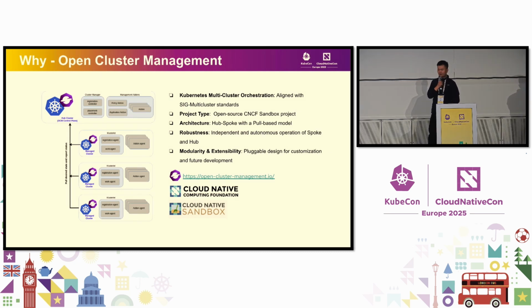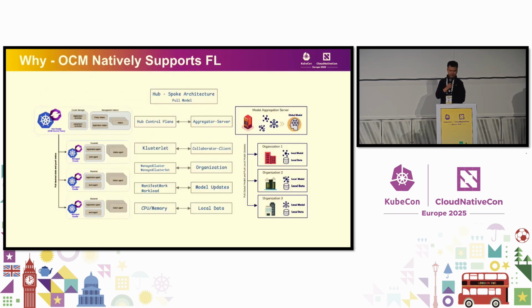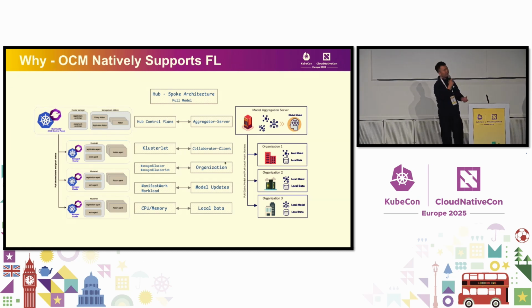Then the next question is, why did we pick OCM for federated learning? The answer is straightforward. OCM natively supports federated learning. In OCM, those managed clusters pull their desired status from the hub cluster and push those status back to the hub cluster.